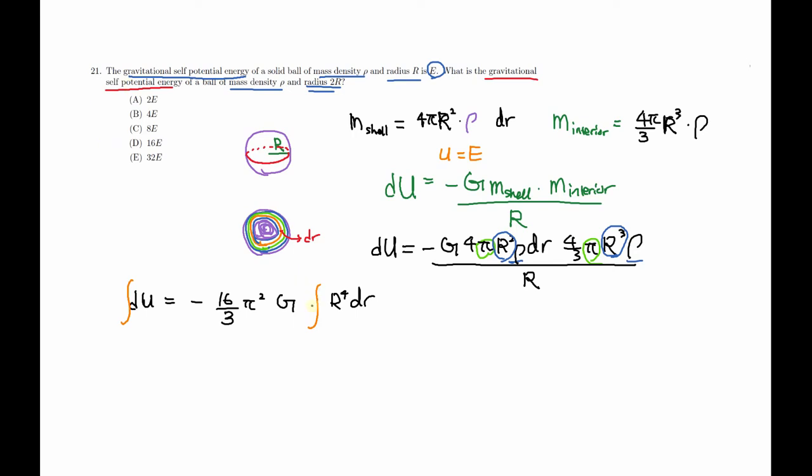When I evaluate this, I get U on the left side, and that eventually becomes E, because we stated so here. And then we keep the constants as they are.